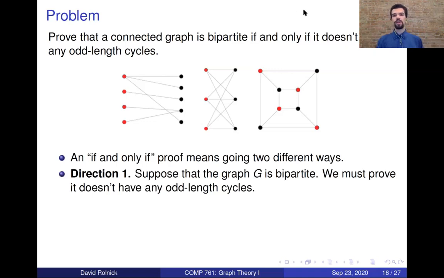So let's do direction one. Suppose that the graph G is bipartite. We must prove it doesn't have any odd length cycles. This is the first direction. What do we do?